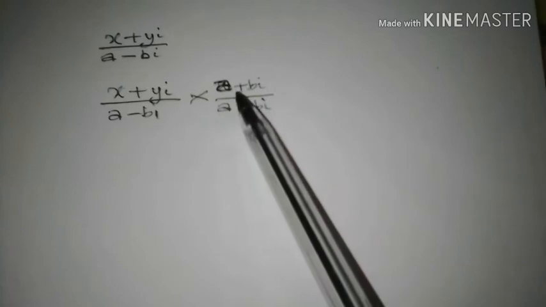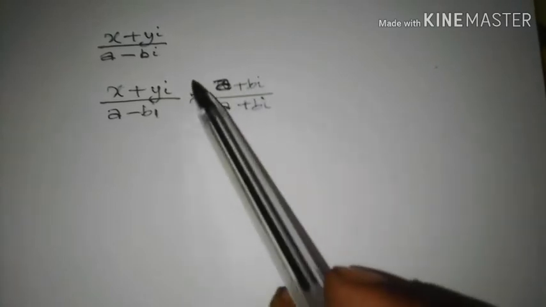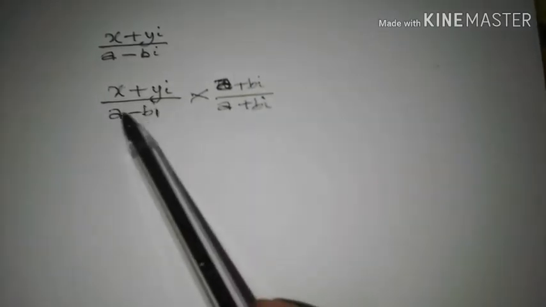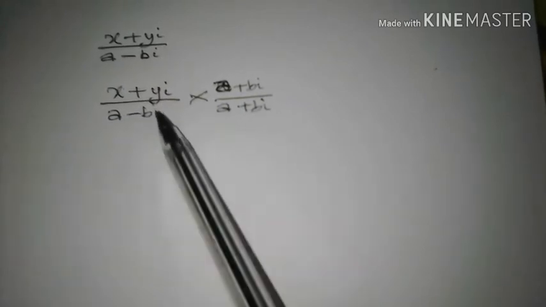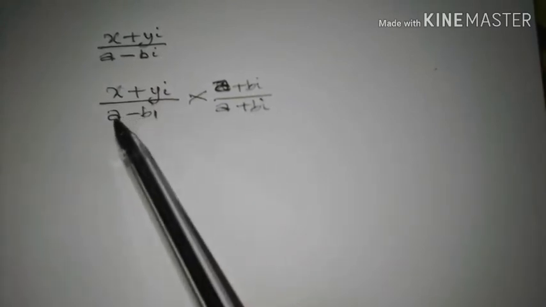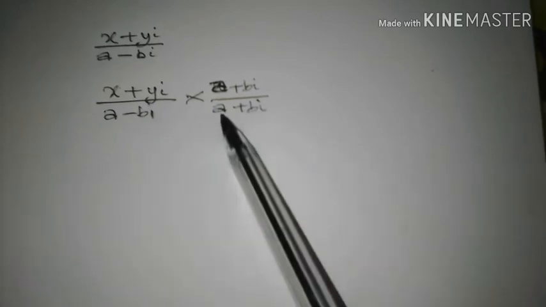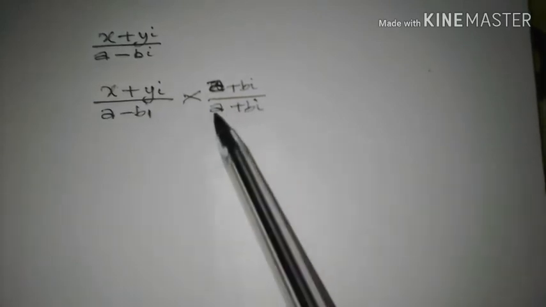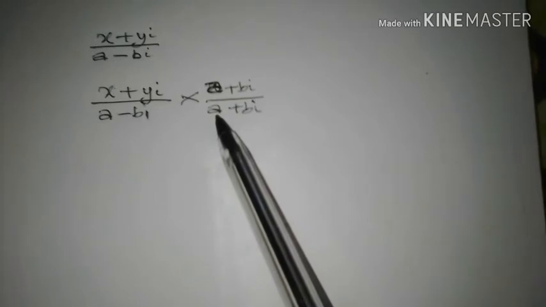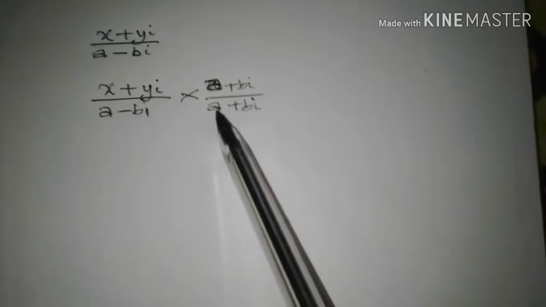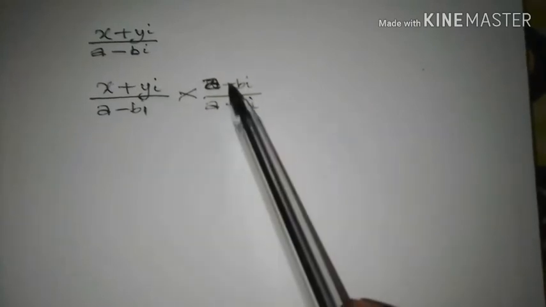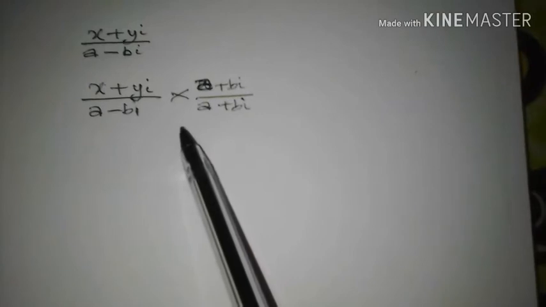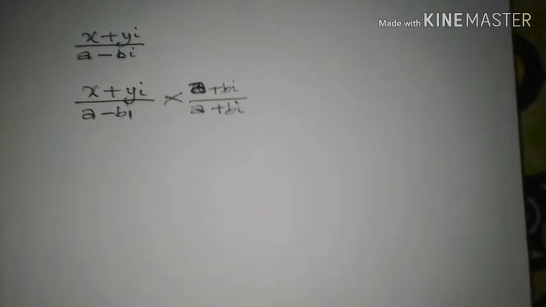This multiplication comes in because we need to find the conjugate of a minus bi, and the conjugate of a minus bi is a plus bi. So this a plus bi is going to be multiplied with the numerator as well as the denominator. This case often arises, so it is important that we look at it.